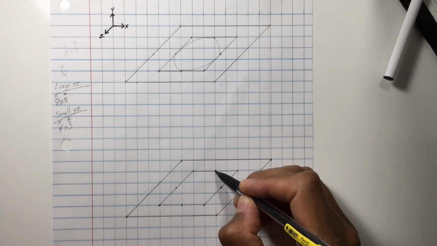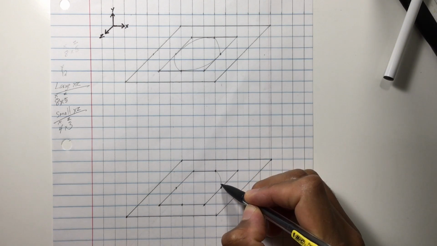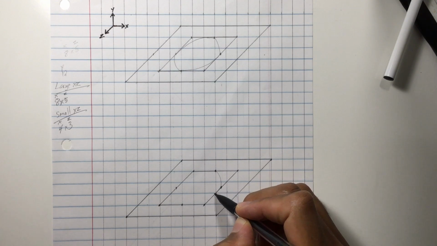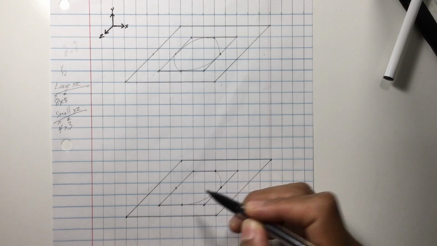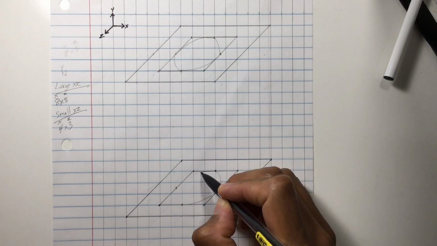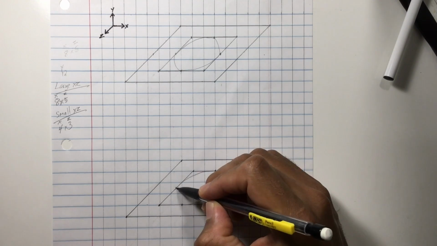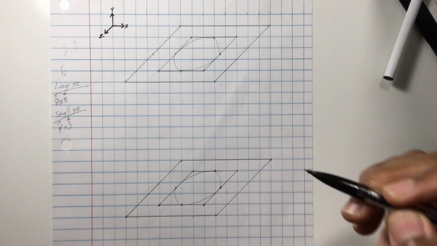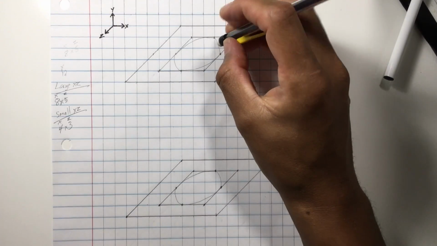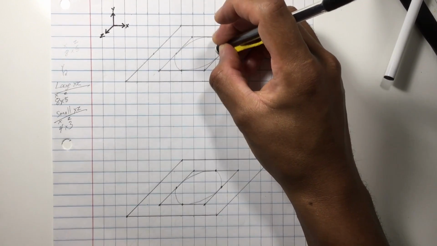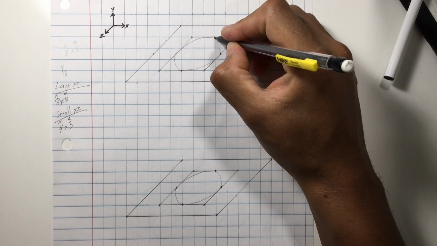So we're going to draw the same thing on the bottom. Okay, the bottom one probably looks better. This is a little too straight. I want to kind of curve out.